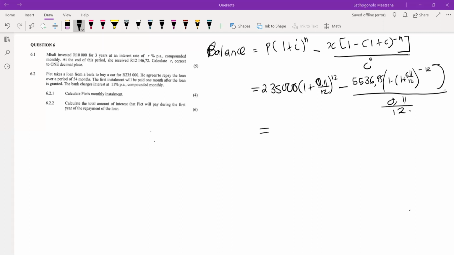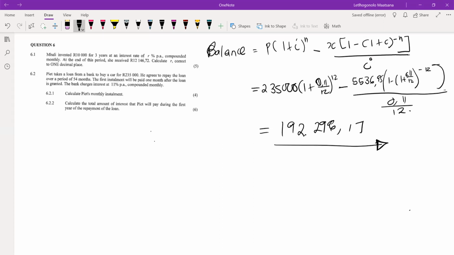And we should get that the remaining balance is 192,296.17. That is the remaining balance.